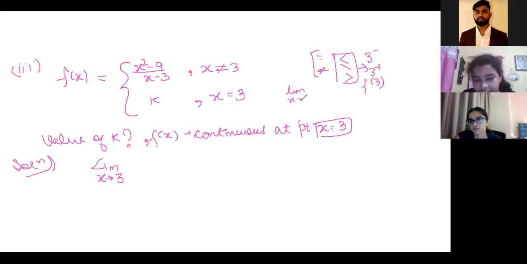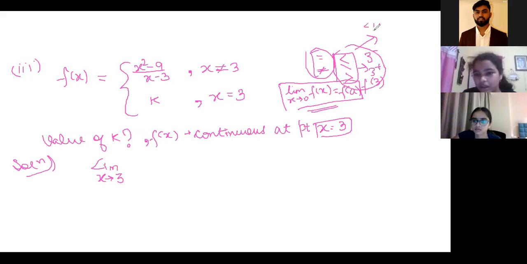Limit x tends to a, fx is equals to fa. This was the first standard formula that I made you write. So this formula we are going to apply in this case. Whereas in this case, we'll apply that formula where LHL is equals to RHL is equals to fa.